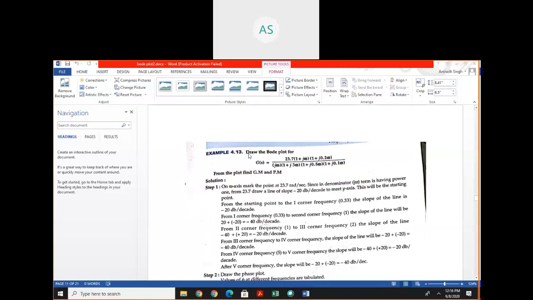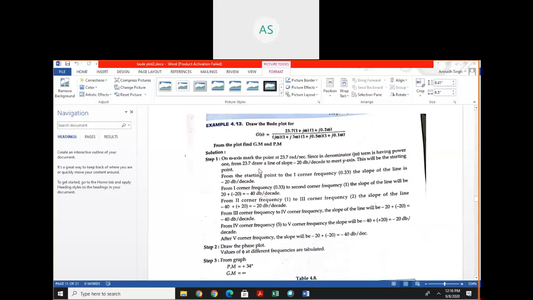Next, draw the Bode plot for G(s). From the plot, find gain margin and phase margin. Value of K is given as 23.7, and there is one pole at origin.